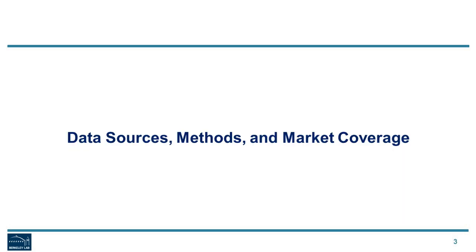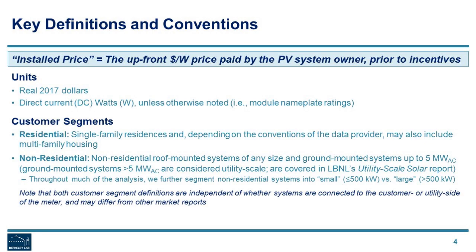Before delving into the results, though, it can be helpful to give a little bit of background on our underlying data sample. First, just to make sure there's no confusion about terminology, in characterizing the installed price of PV, we're talking about the upfront dollar per watt price paid by the system owner.